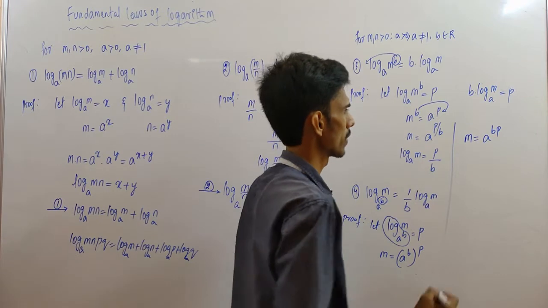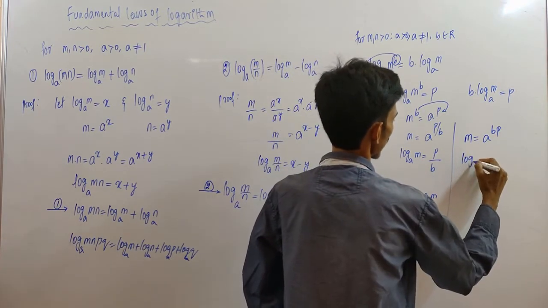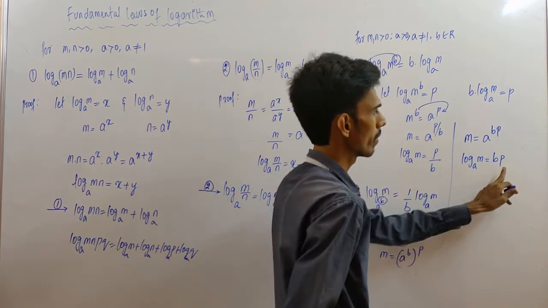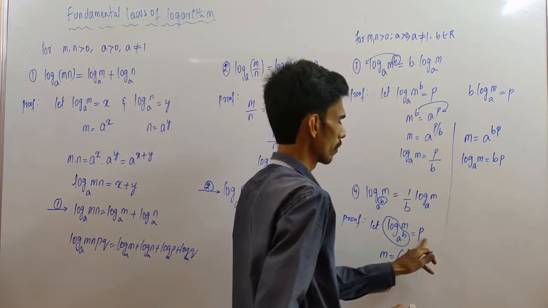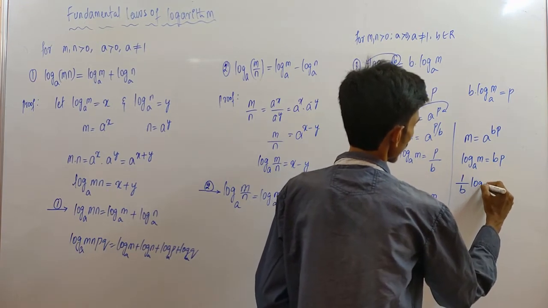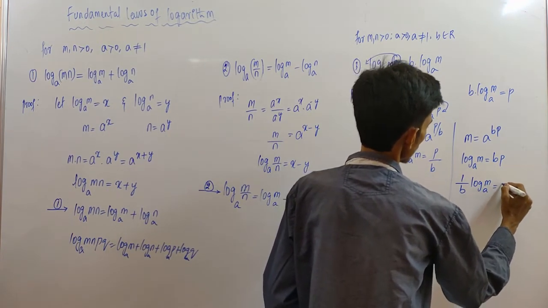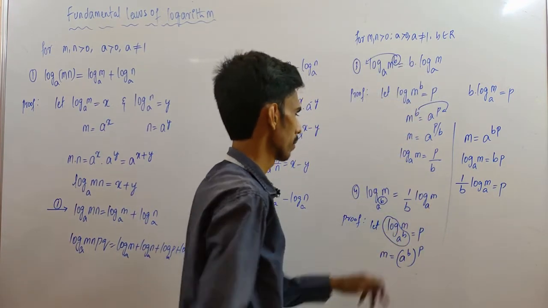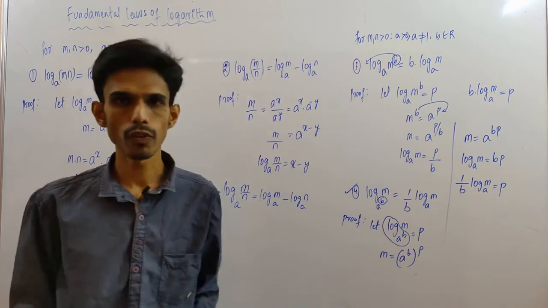Now send this a to that side, it will become log a m is equal to bp. We want p value because we have supposed p. Send this b here, it will become 1 by b log a m is equal to p. Now we got it, 1 by b log a m. So we have to remember all these formulas.